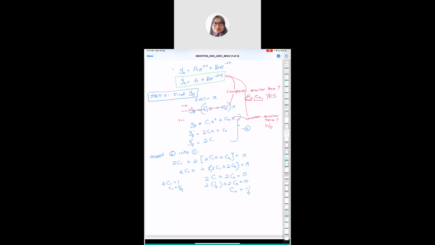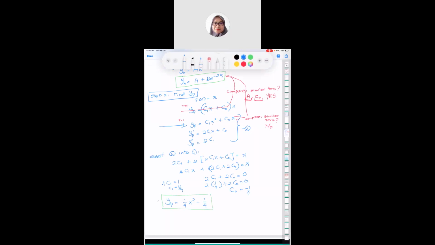Alright, therefore, our YP equal to, okay, masukkan dalam equation YP yang kita ada ni. Okay, so C1 is 1 over 4 x squared minus 1 over 4. So now I have YP and also I have YH.